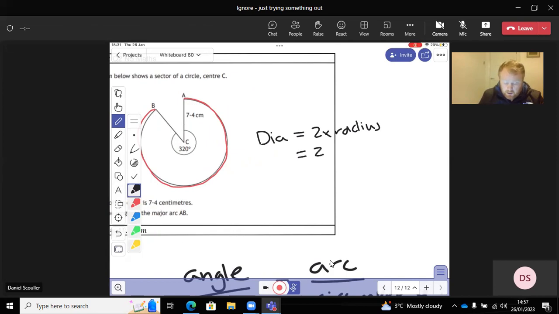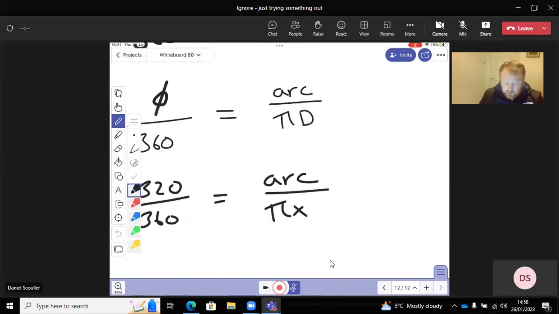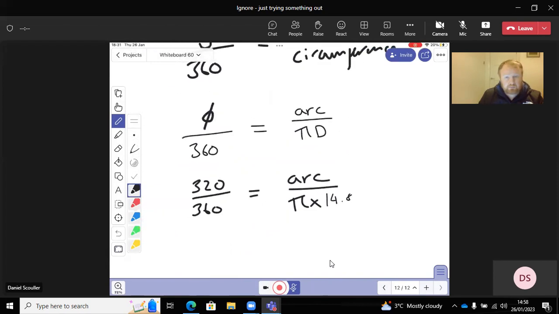So 2 times 7.4 equals 14.8. So that's the diameter I'm using in there. You can just do that to one side or in line, just nice and neat for you. So that would be my equation.